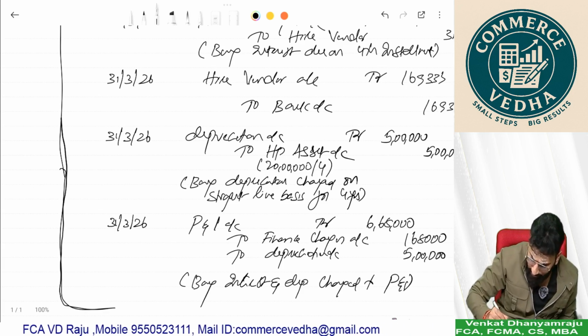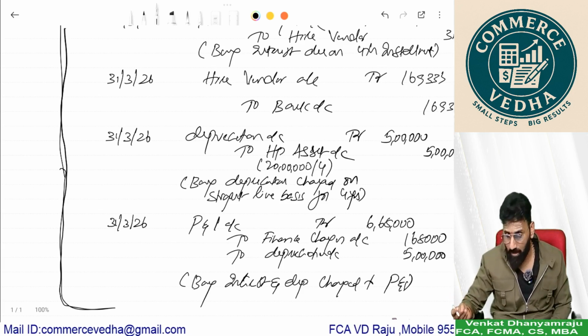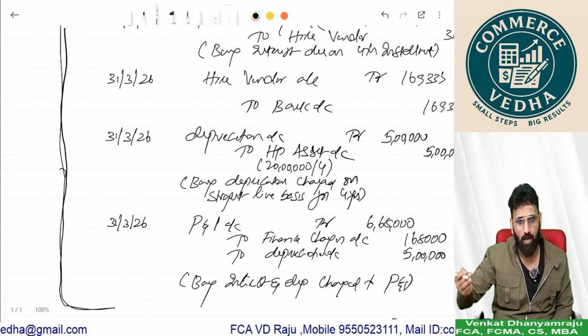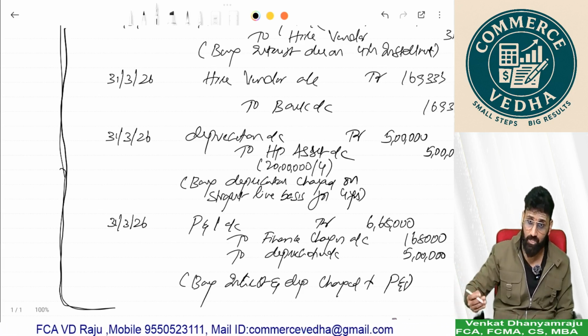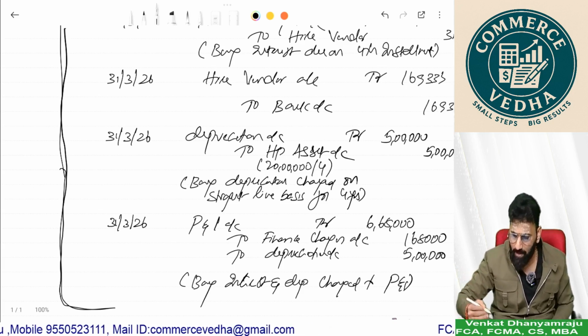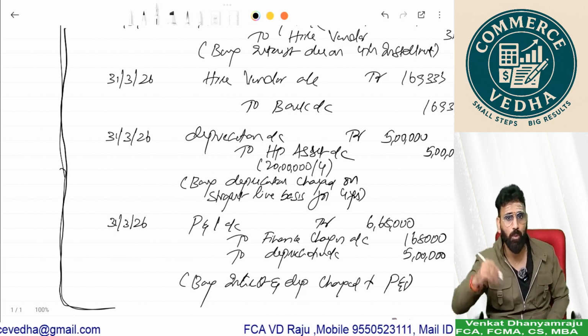Interest due, installment paid. Interest due, installment paid. Interest due, installment paid. Fourth again, interest due, installment paid. And finally, depreciation, and then transfer of depreciation and interest to P&L.